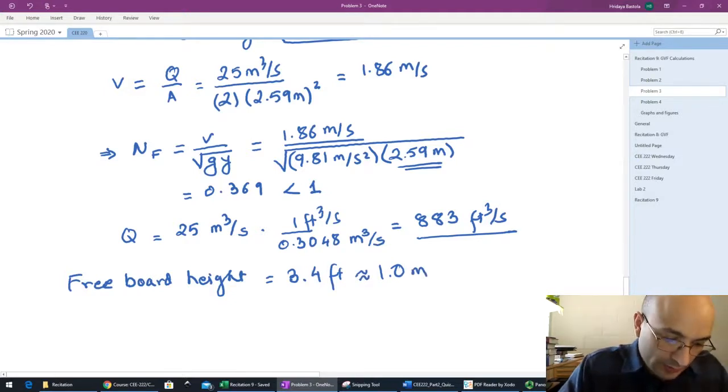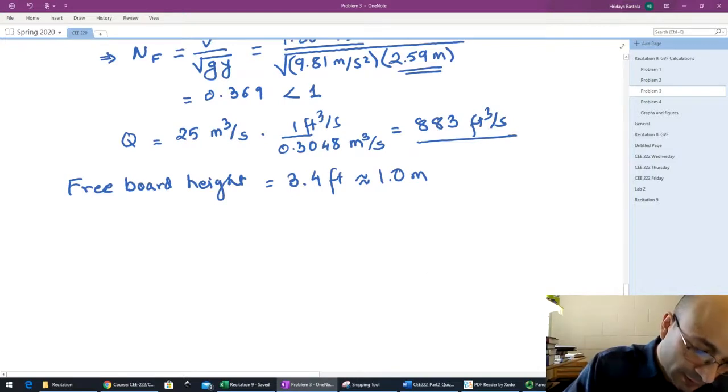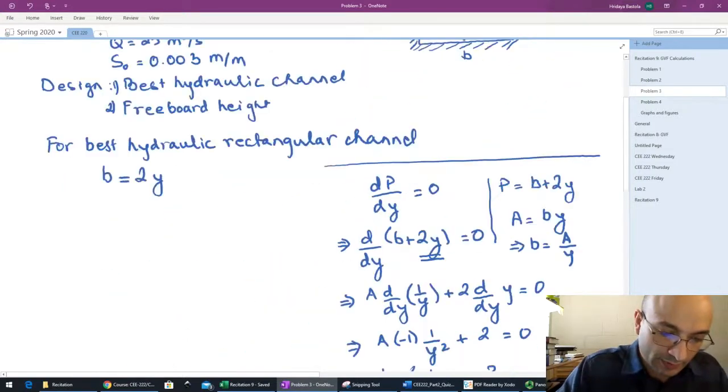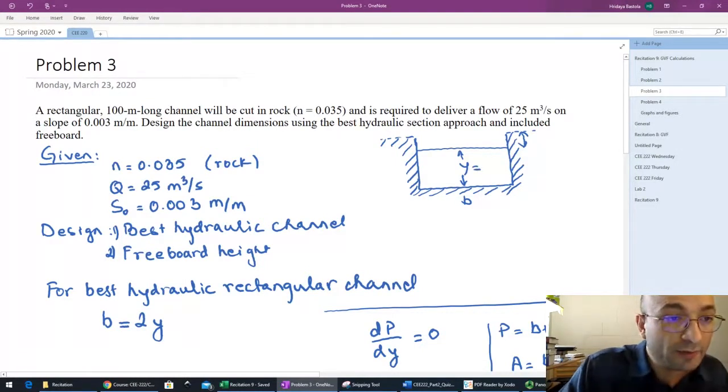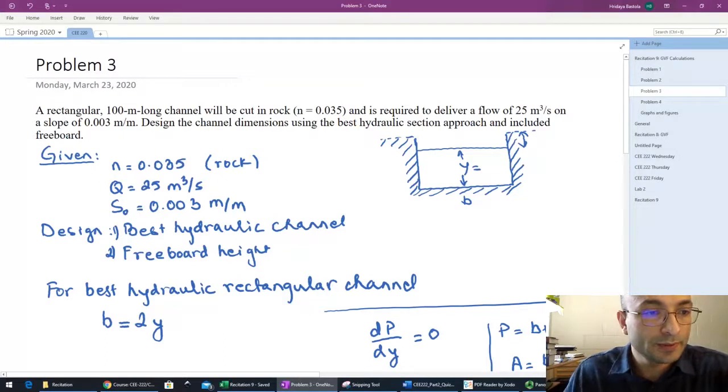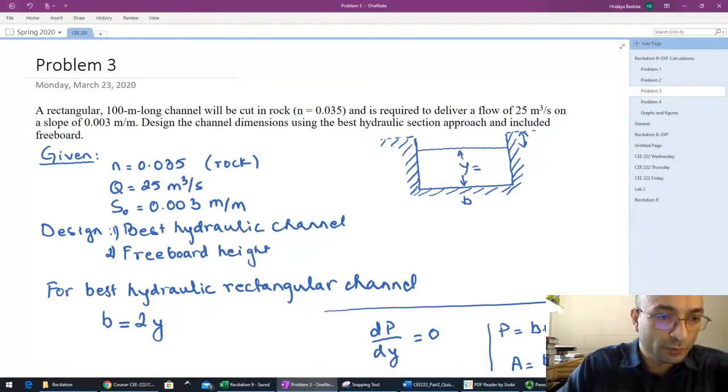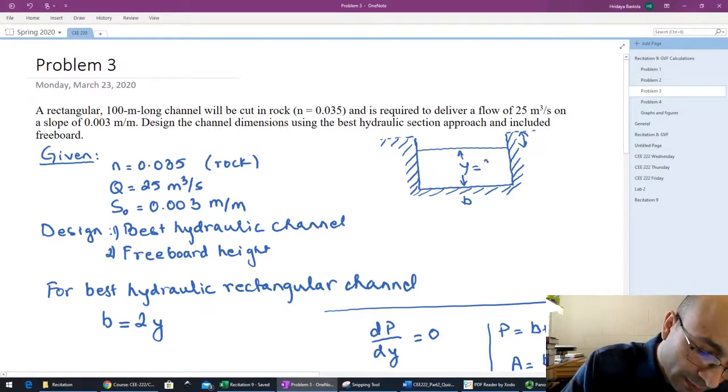So in our design of the channel, we can just go back up here. We have a Y value of 2.59, and we want a meter on top of that.